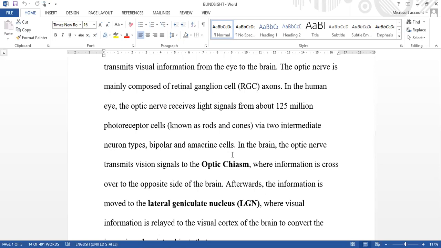So that's the function of the optic chiasm. All right. When the optic chiasm projects the information to the opposite side of the brain, it will first hit the thalamus.